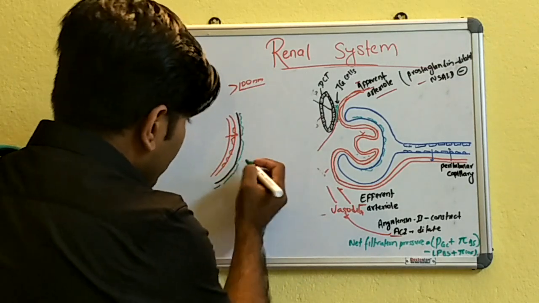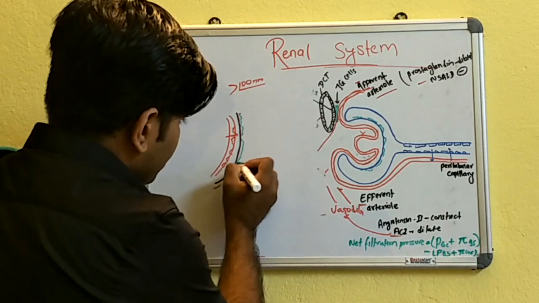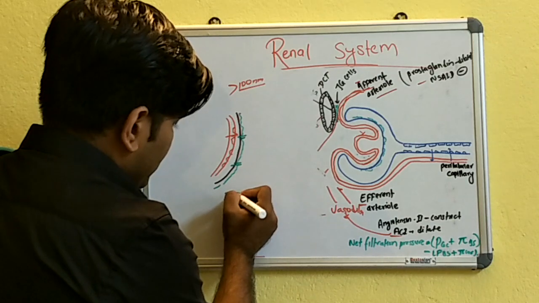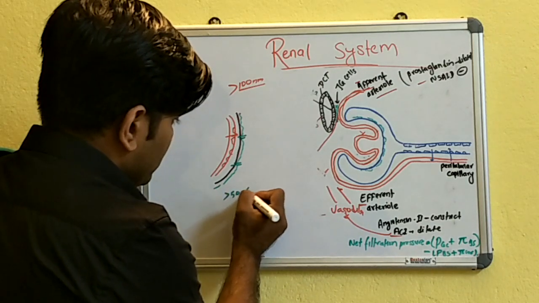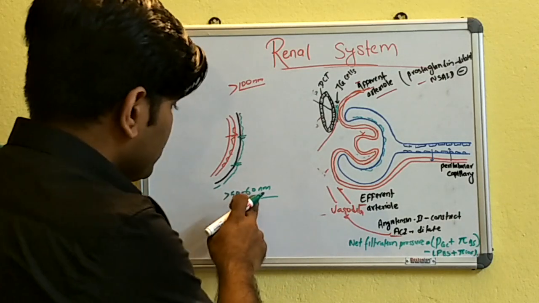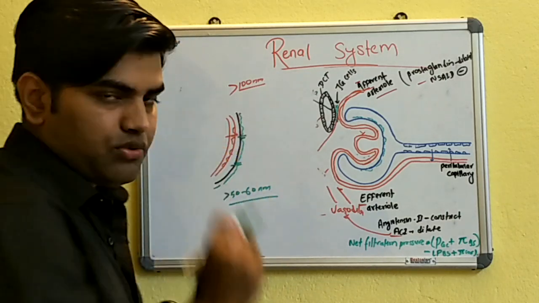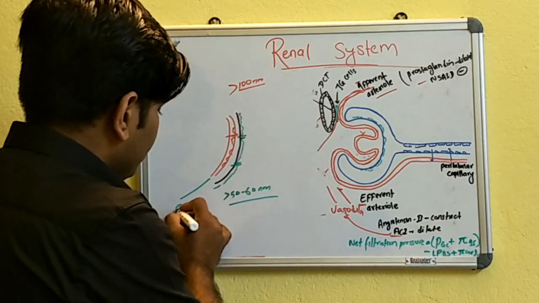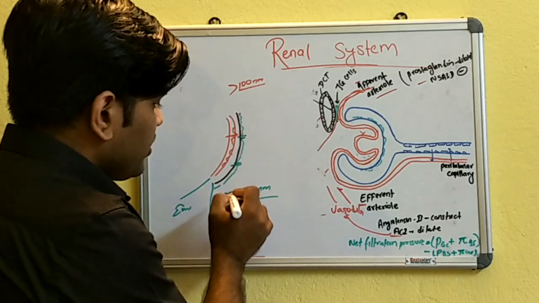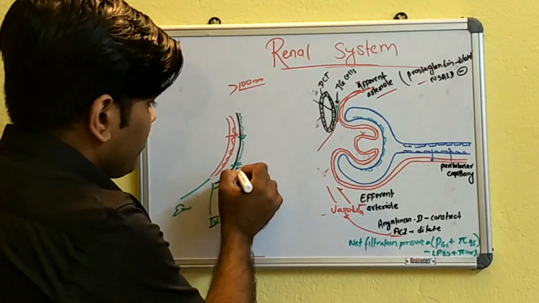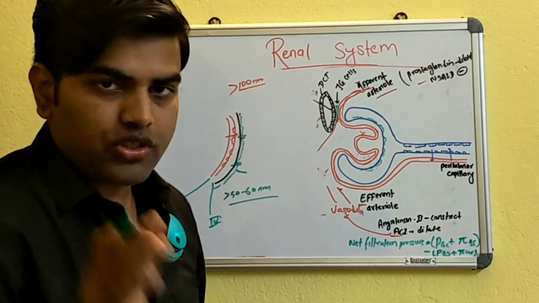This epithelium also has slits, but here only molecules of about 50 to 60 nanometers or smaller pass through. So if this is the filtration barrier: endothelium, basement membrane with type 4 collagen and heparan sulfate, and the podocyte.